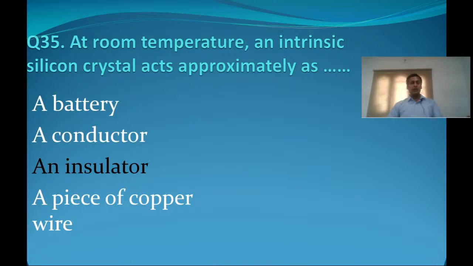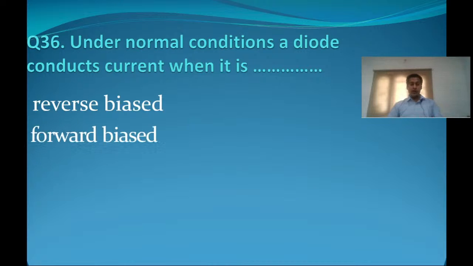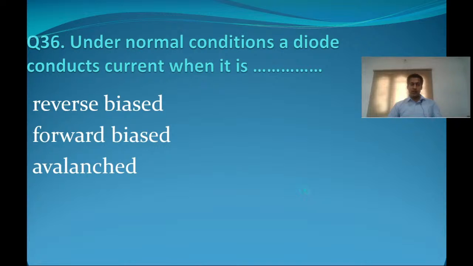Intrinsic semiconductor, there are no excess electrons, there is no movement of electrons, so no conduction, it is an insulator. Next question, under normal conditions, a diode conducts current when it is dash. When a diode conducts, either it is reverse bias, forward bias, avalanched or saturated.